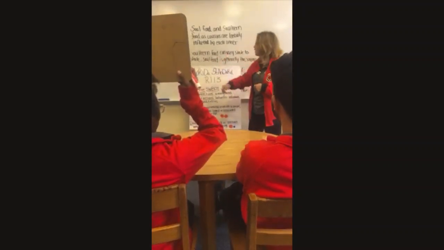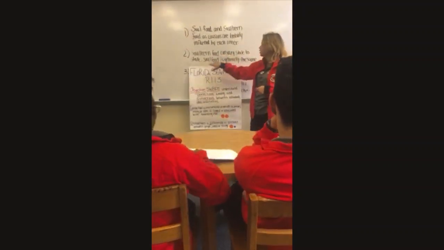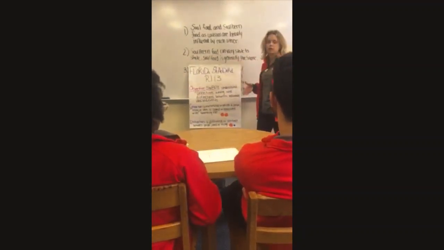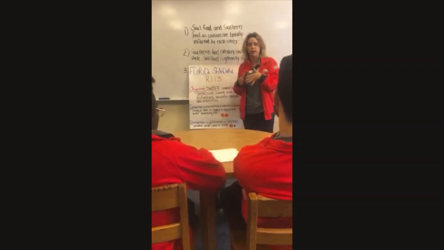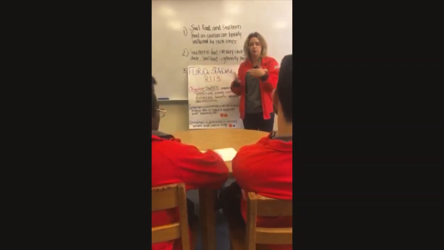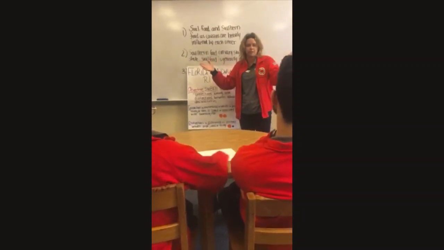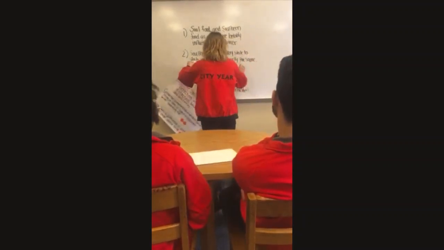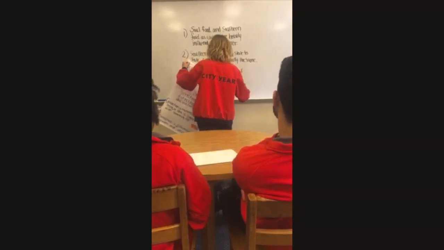D, great. So we can see southern food can vary state to state. So from state to state, it's different, while soul food is generally the same state to state. So we can see that soul food is different from southern food when it's different state to state. Sound good? Okay.